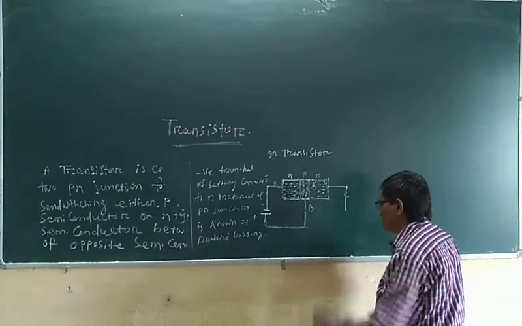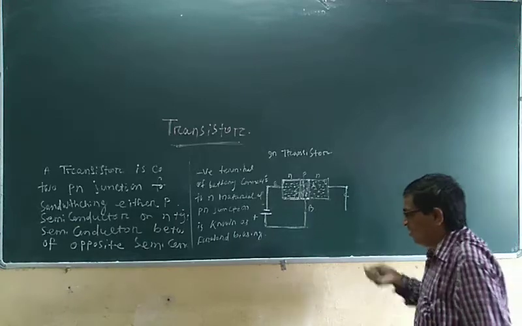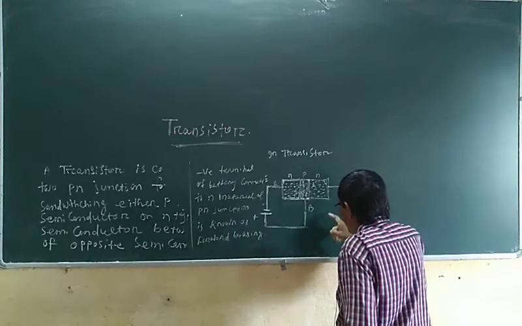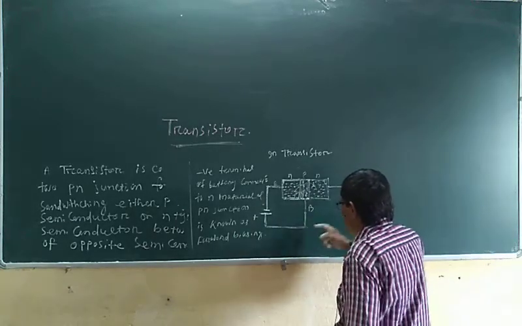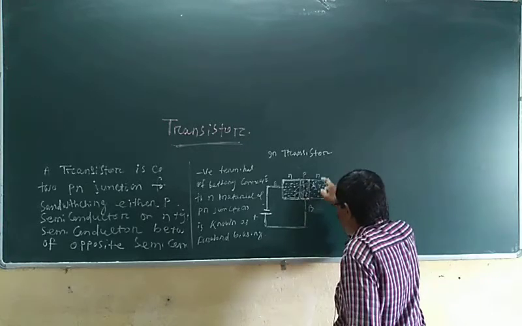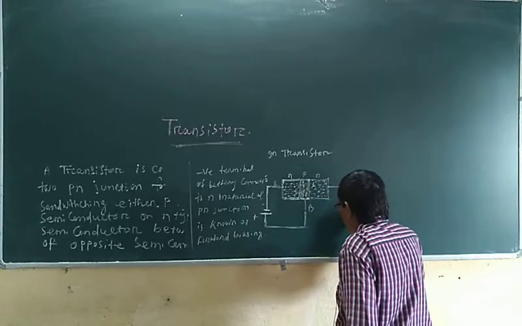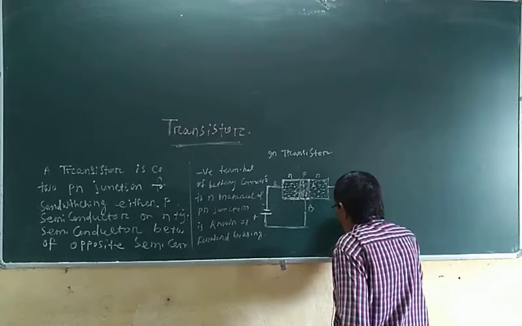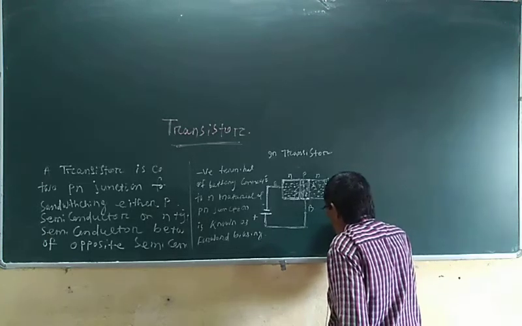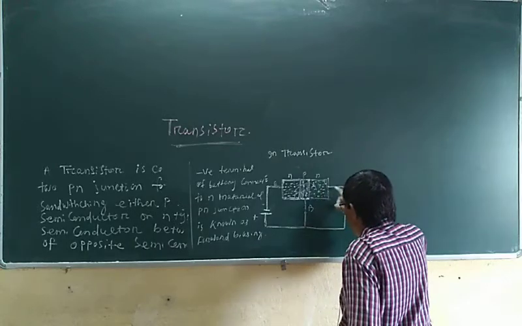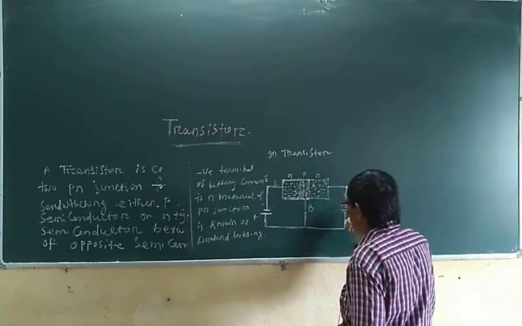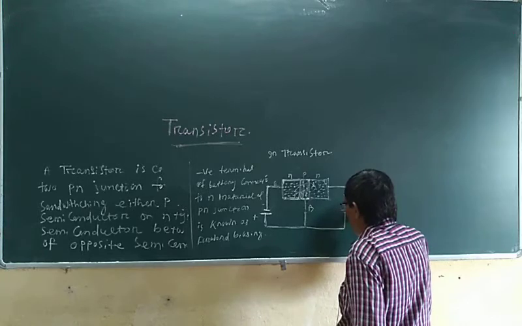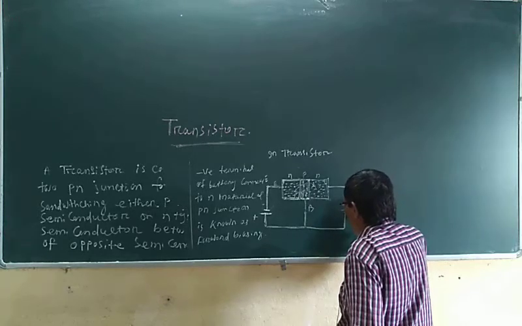Now, how does this electron move? A battery is connected in a reverse process. It is a negative charge N material. We connect a battery, positive and negative. The positive terminal of the battery is connected to the electron or N material. Here the opposite charge, positive, is connected to negative.